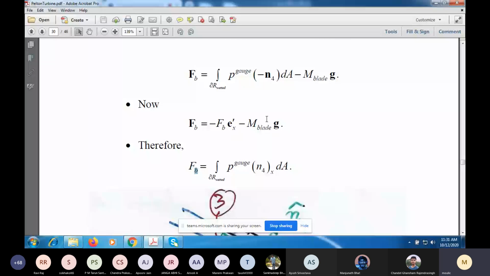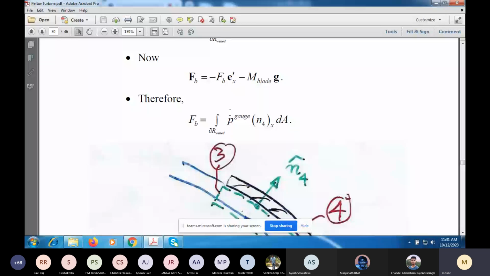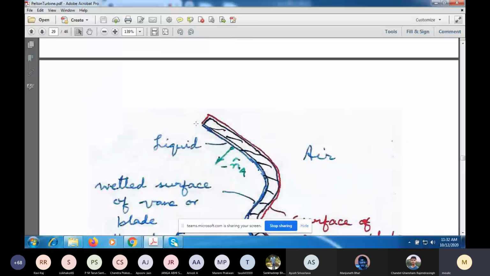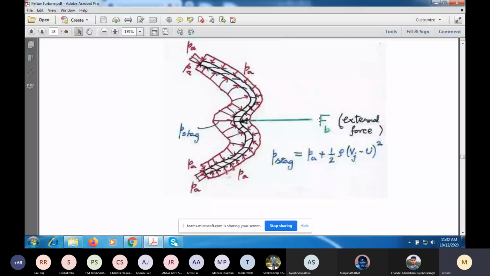On the left hand side of this equation, I write minus Fb times Ex. The second term will not contribute to the x direction force, and from this one you get minus n4x. So you have minus on the left hand side and minus on the right hand side. So the minus cancels out, and the magnitude of the force, which I'm calling F subscript B, B for blade, is directed as assumed in this figure, from right to left, and the vane is moving to the right.